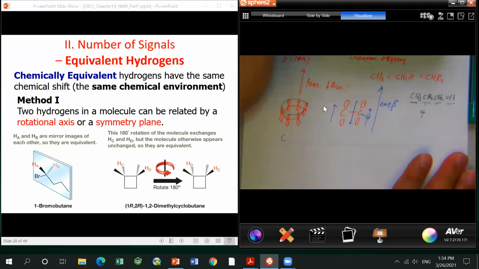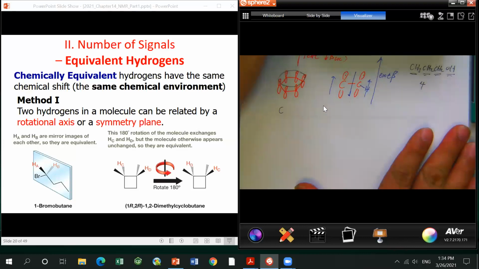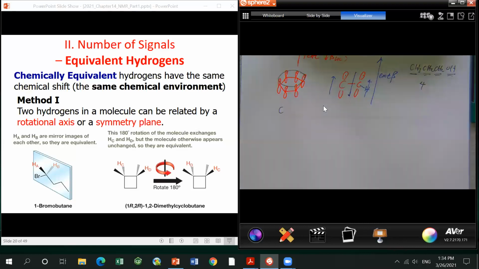So next comes the question: how do you determine whether two protons are chemically equivalent, having the same chemical shift and the same chemical environment? There are 2 ways to do it. The first way is to see whether these two hydrogens are related by a rotation axis or a symmetry plane.